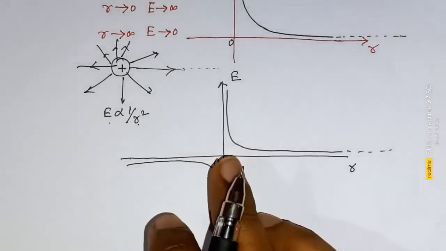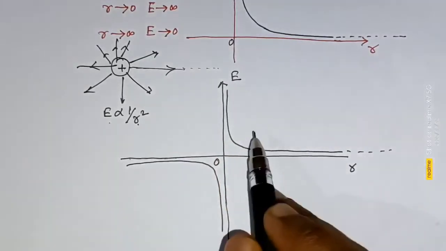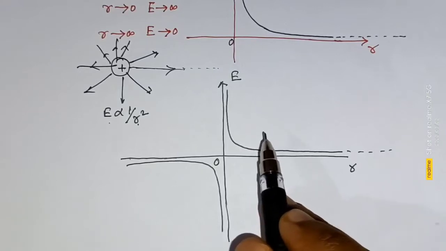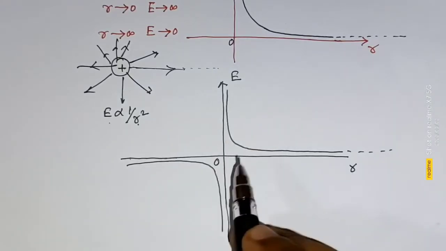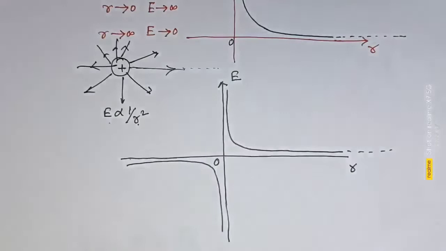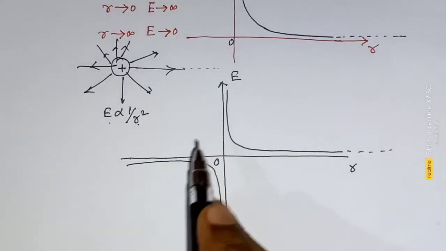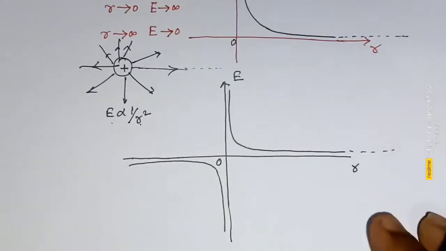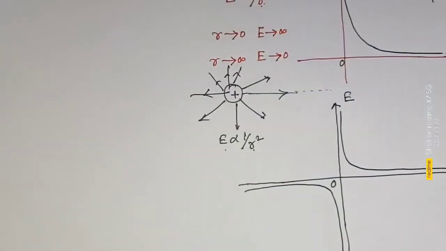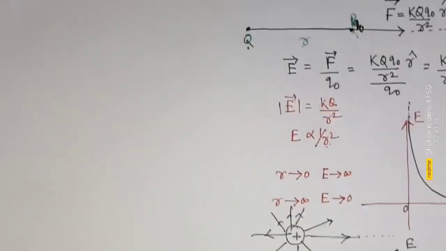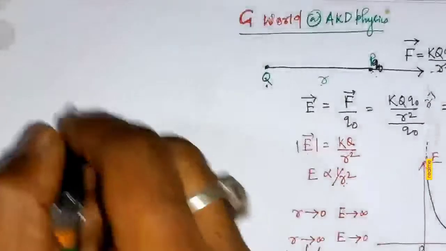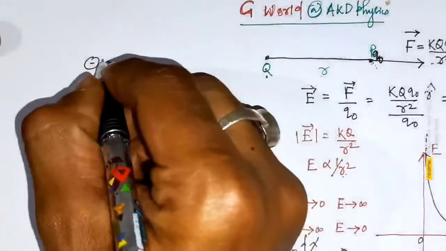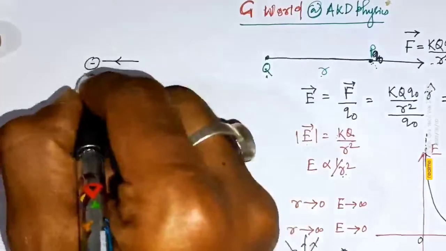If it will be a negative charge, one can predict what is the graph nature of the electric field. Exactly the mirror image of the positive charge. So I can plot for the negative charge, the graph nature can be, this is my negative charge, and for negative charge we know the basic property of electric field lines.